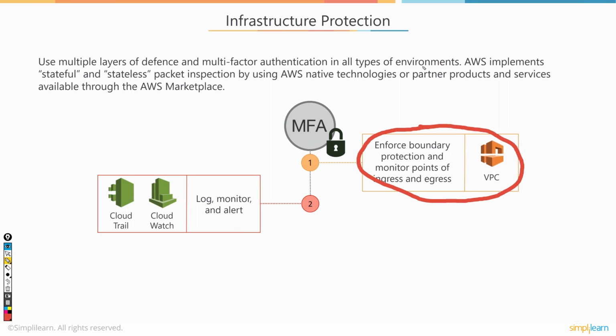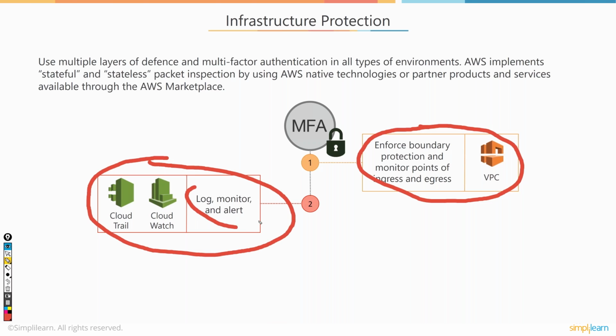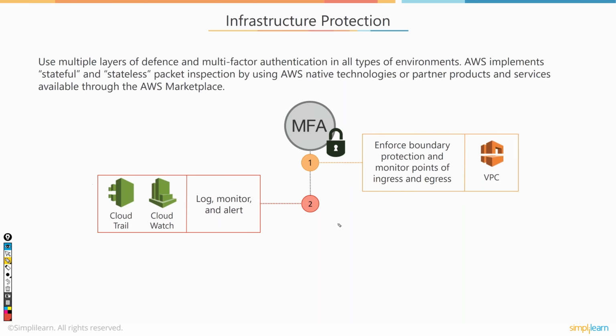Anything from outside, unless you really want that, cannot communicate with it in any way. And you also have additional tools like CloudTrail and CloudWatch that log, monitor, and alert if any of that particular behavior happens. So AWS gives you all the tools and all the settings you really want to use, and it's up to you how you're gonna use them. That's the biggest advantage.